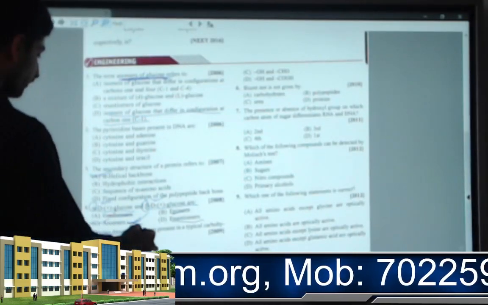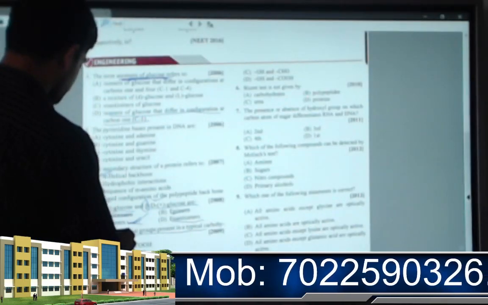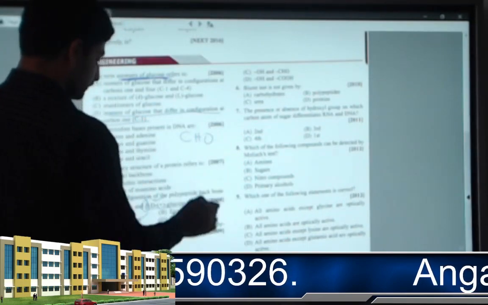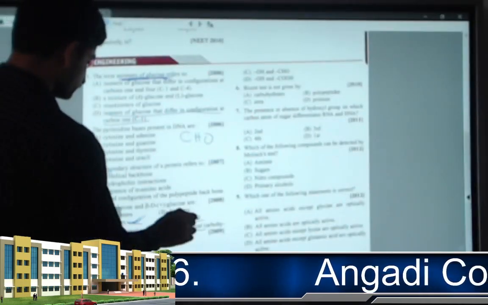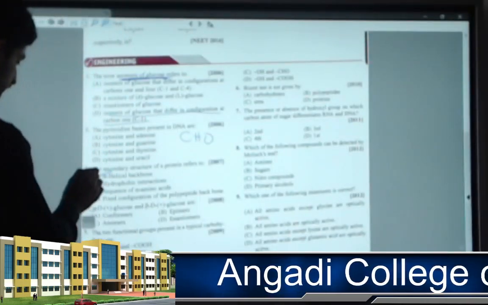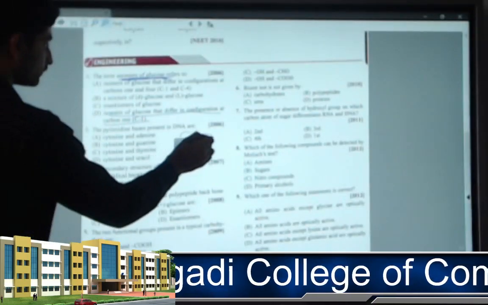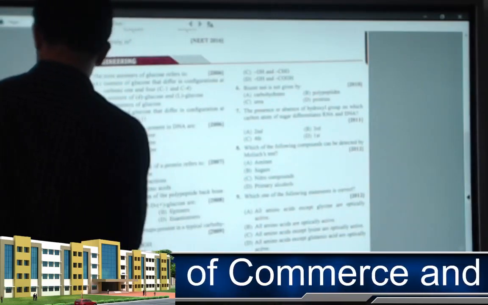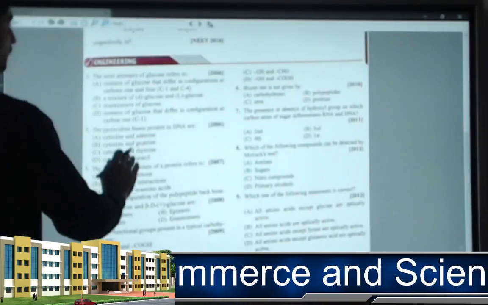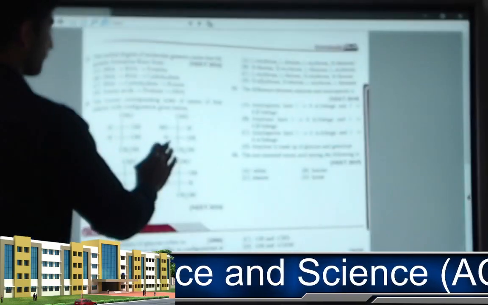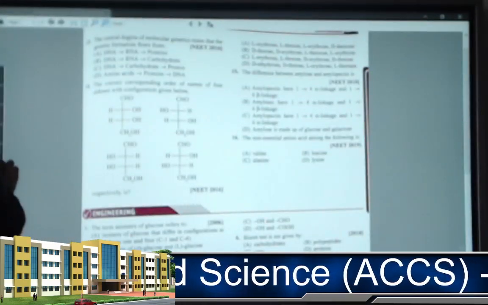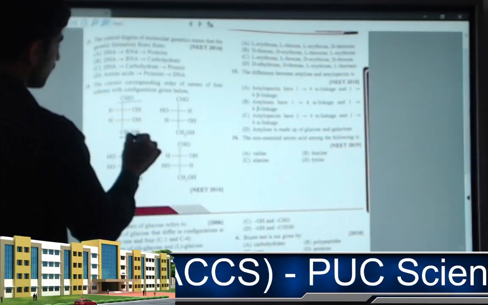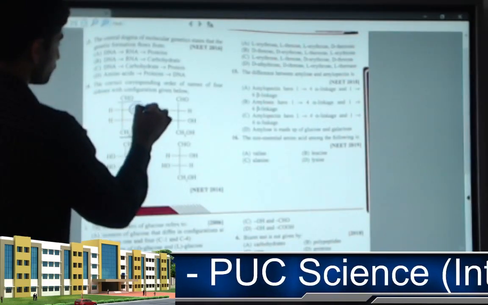The two functional groups present in typical carbohydrates are. One is CHO, let me show you that. Yes, this is a carbohydrate. One group is the CHO group and another one is the OH group.